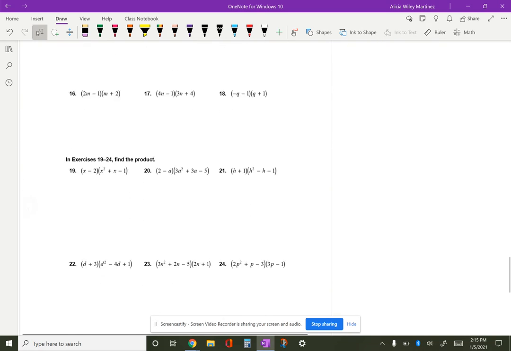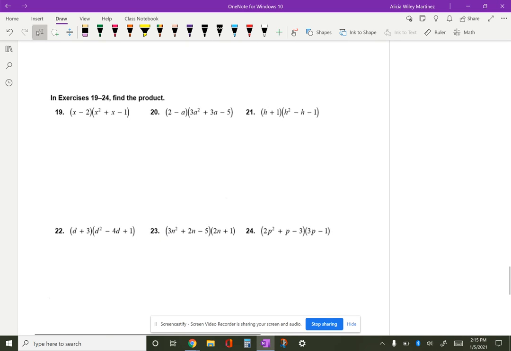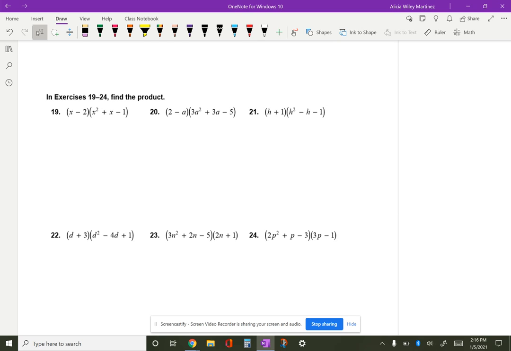I'm going to go down to number 19, and I'm going to do number 19 with you. What's different about 19 is that it's a binomial times a trinomial. You can still use the multiple distribution. You can still use a table.